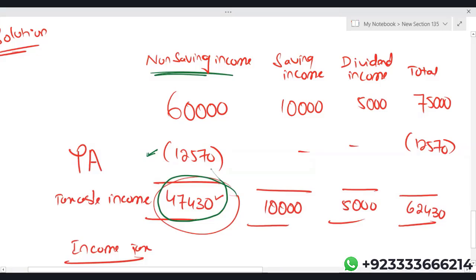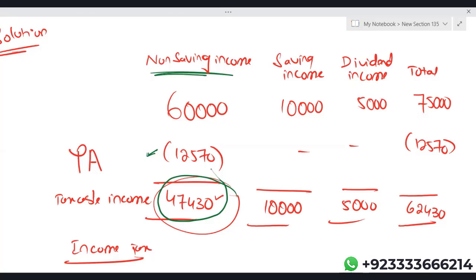Simply, it is already utilized. It is already consumed. Repeat: whenever in the column of non-saving, after deducting the personal allowance, your taxable income is either 5,000 or more than that, in that case the starting rate band concept will not apply on the saving income, number one.